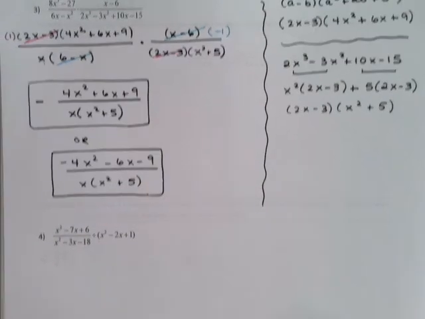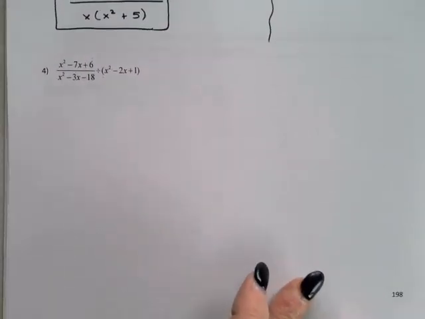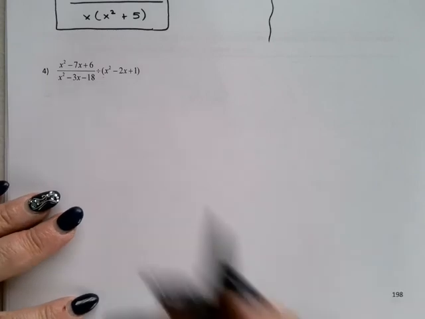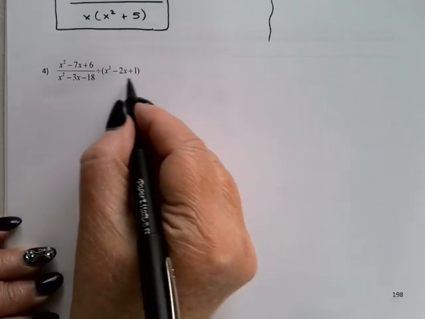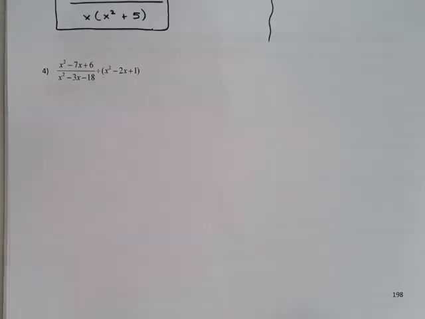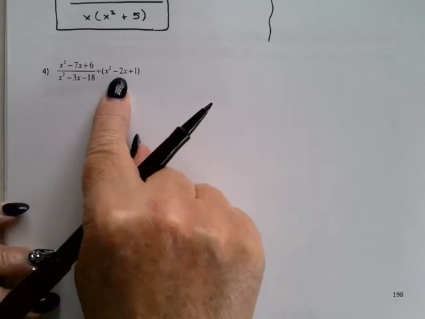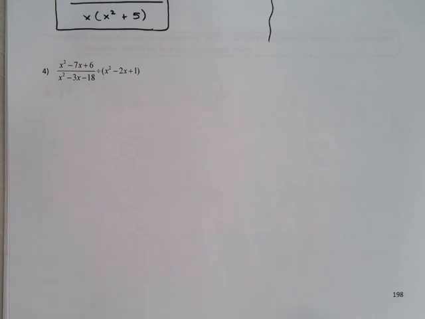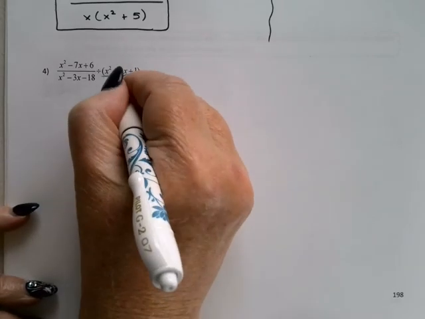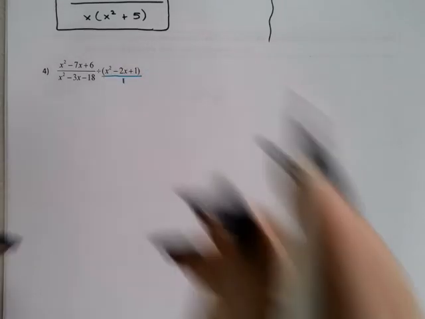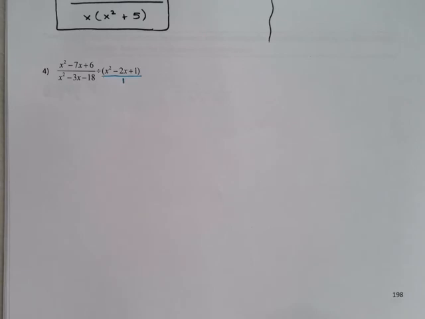All right, one more example of multiplication, or actually division, I guess in this case. In number 4, we have a fraction divided by something that's not a fraction. When you have something that doesn't look like a fraction, you can always make it into a fraction just by putting a denominator of 1 on that.